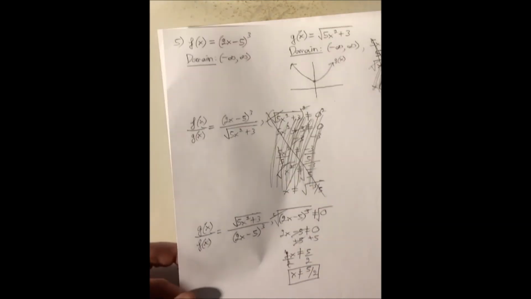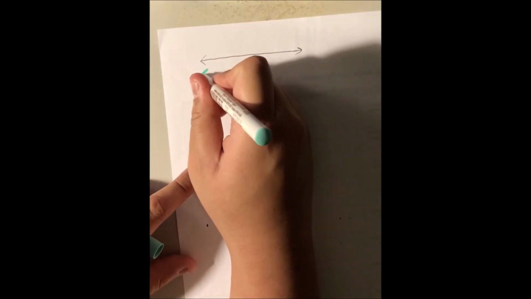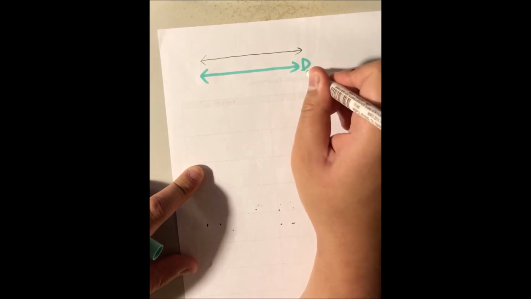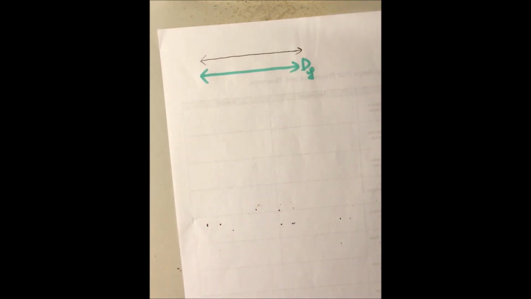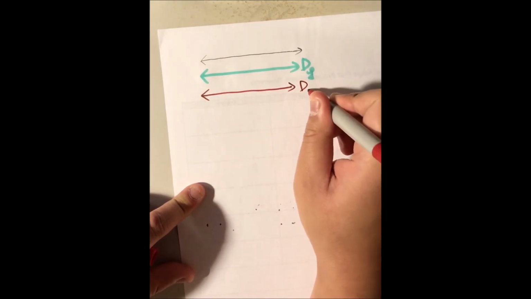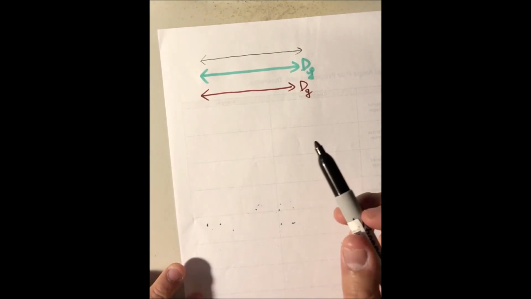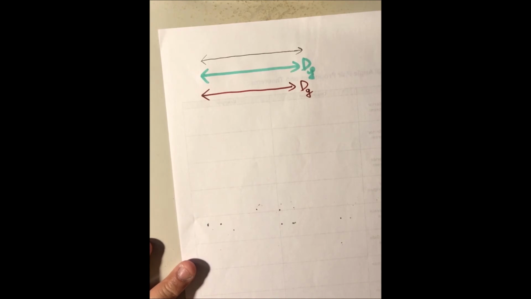We know the domain of f over g is going to be all real numbers because, as mentioned earlier, we don't have any restriction from the domain of f, from the domain of g, and from every step of the simplification process of the quotient f over g.